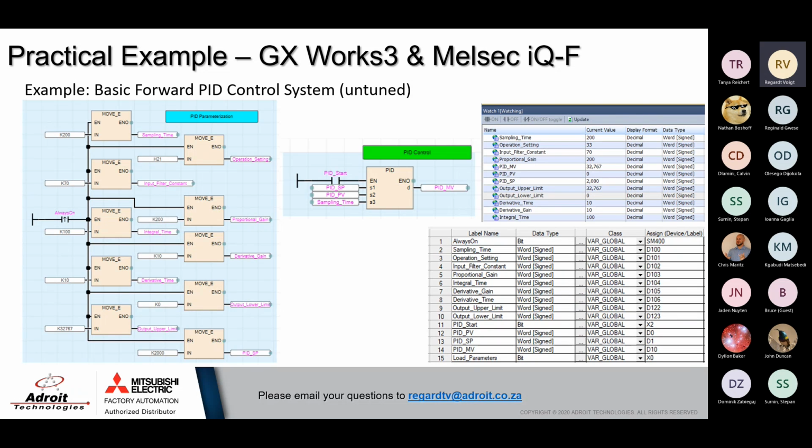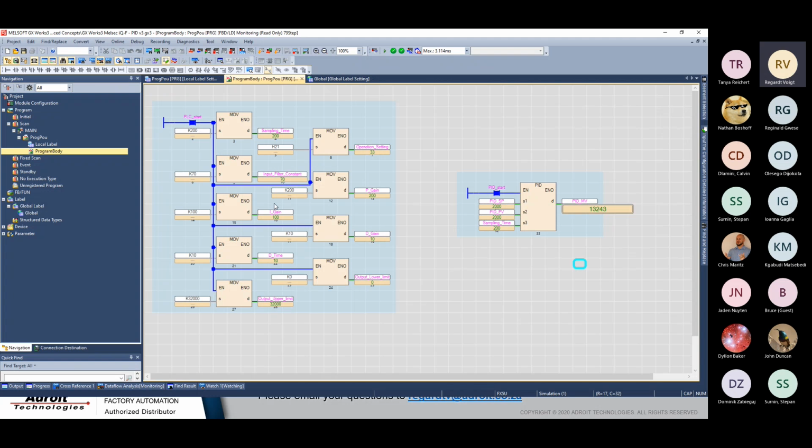Just a spoiler, if I can say that: in Part 3, we will look at fine-tuning and auto-tuning methods. We're also going to look at structured data types in the PLC for the PID specifically, and how to get your own function block so that you don't have this mess here, all of these faults.